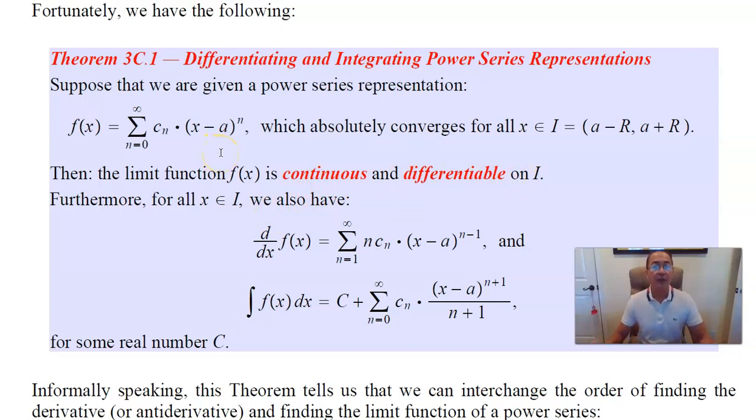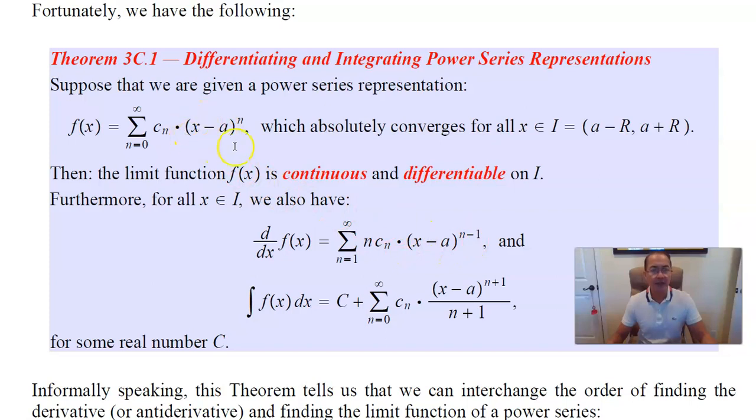So, what are we going to do? We're going to perform a differentiation and an anti-differentiation. For all x in this interval, where you have absolute convergence, the derivative of the function on the left must be the summation from n equals 1 to infinity of n times c sub n times (x minus a) to the power n minus 1.